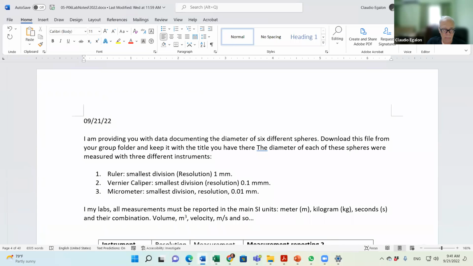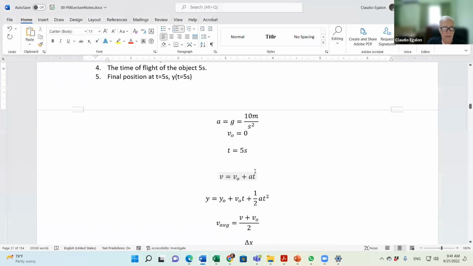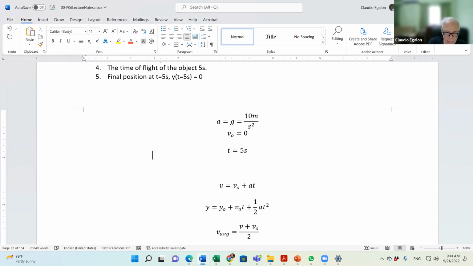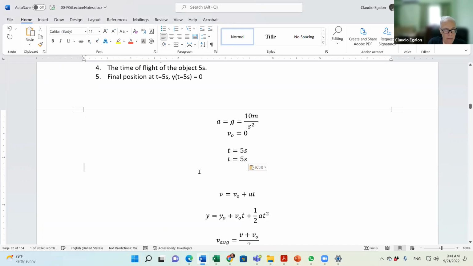The key here is to find all these pieces of information. So I'm going to put that here: y at t equal to 5 seconds is going to be 0.